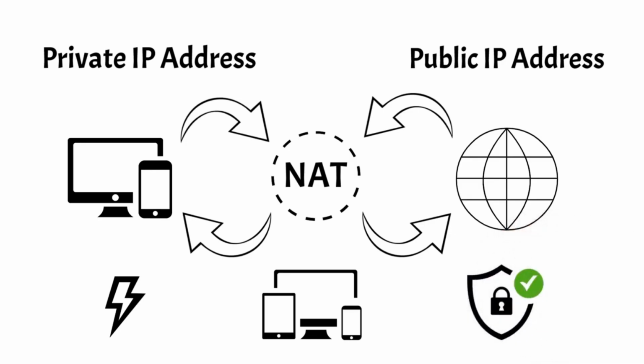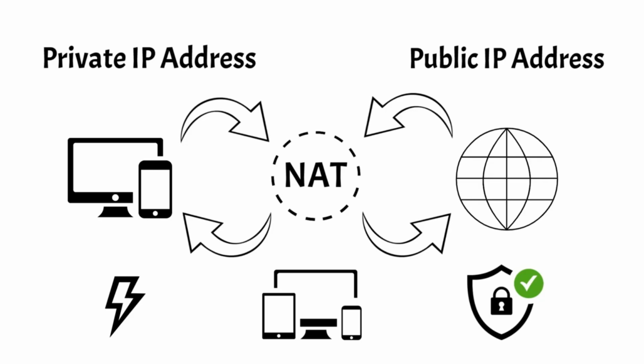By masking the internal IP addresses of devices on the local network, it makes it more difficult for external entities to directly access those devices. In summary, NAT is a crucial technology that enables the coexistence of private and public IP addresses, ensuring that your devices can communicate efficiently and securely with the wider internet.